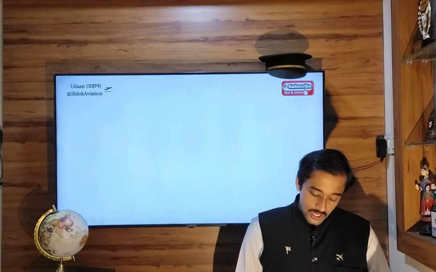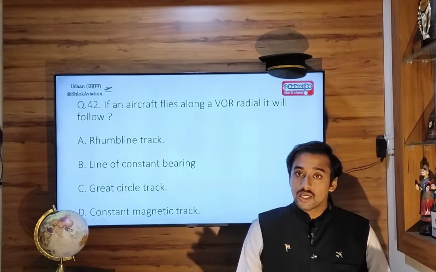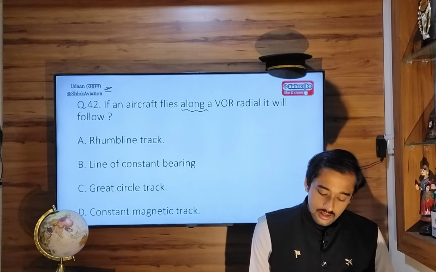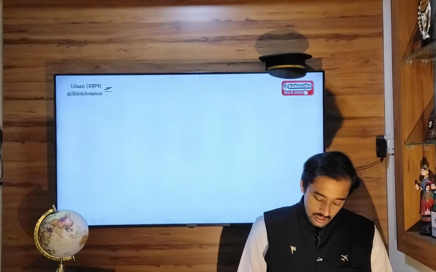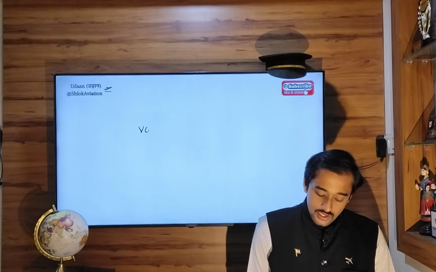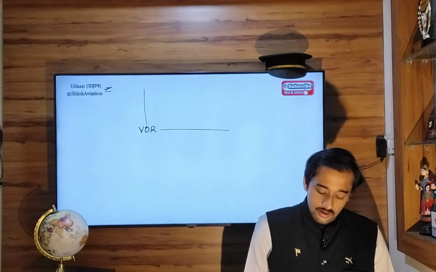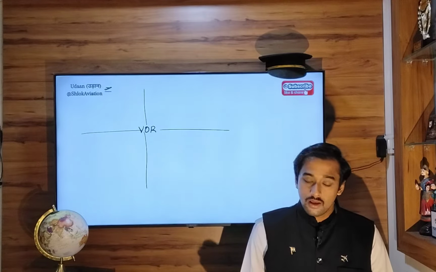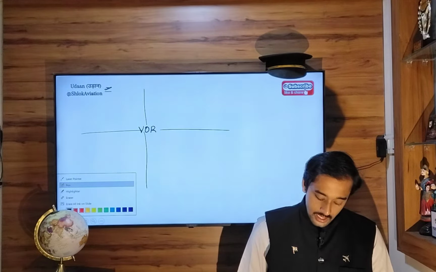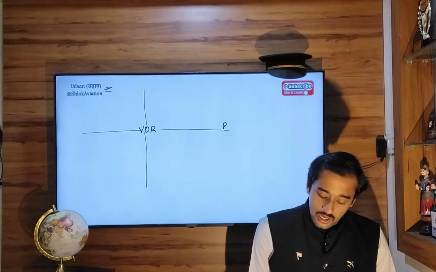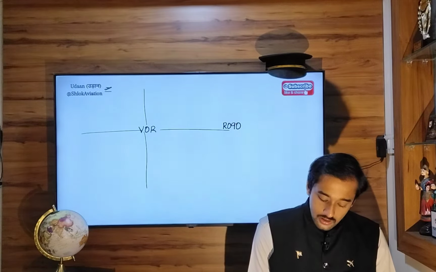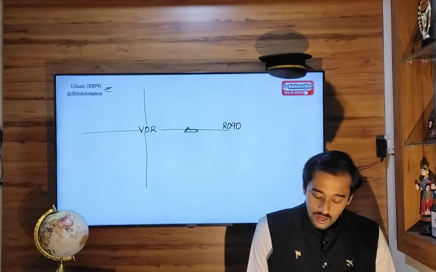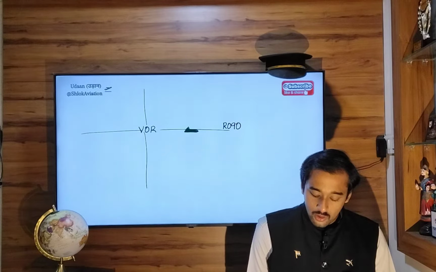Let's go to question 42. Aircraft flies along a VOR radial. It will follow what? I have said this so many times. We have VOR stations and we have radials emanating from this VOR station. Now when you fly along a particular radial, let's say radial 090, you will fly outbound from a VOR.